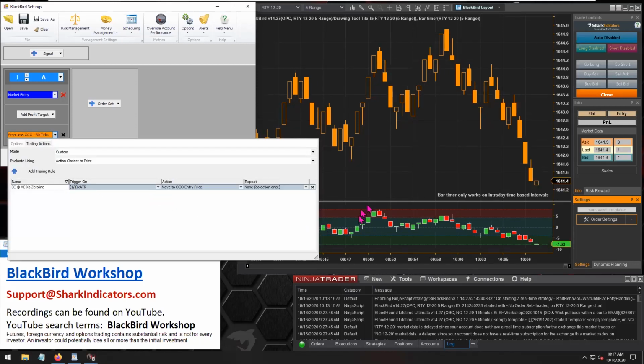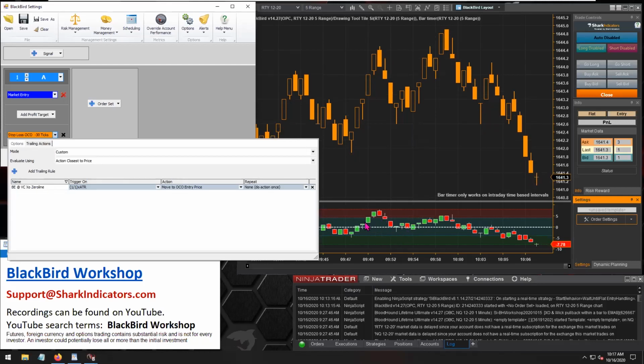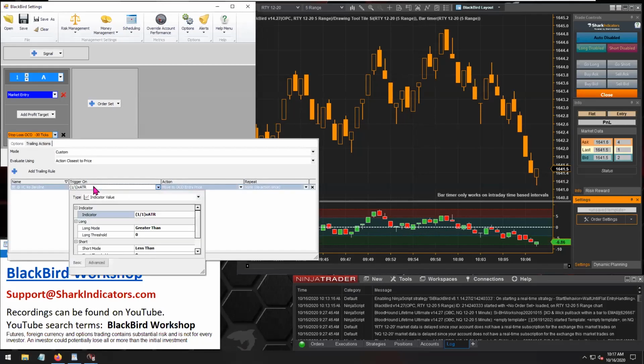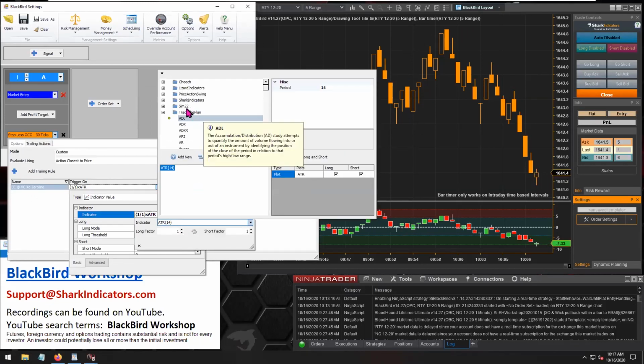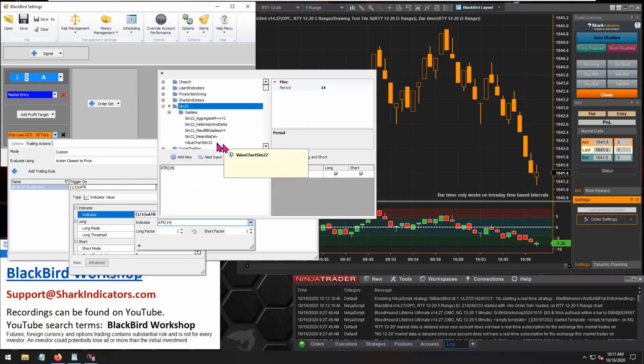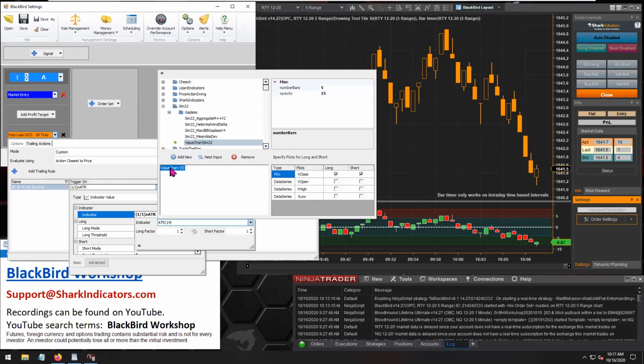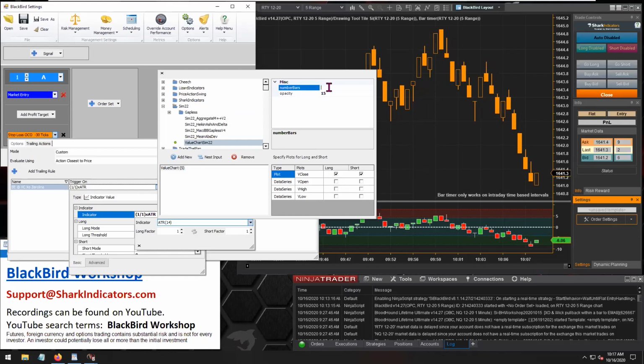For some reason, this indicator wasn't working with its default period setting, so I just increased it, and then the indicator started working. So let's go back into our trigger and open this up. Go back into Sim22, add the value chart down there, and the number of bars is what I changed. I just changed that to 14.